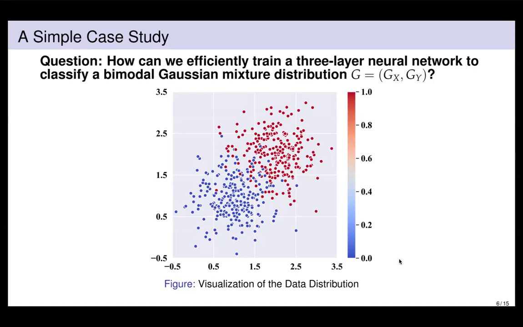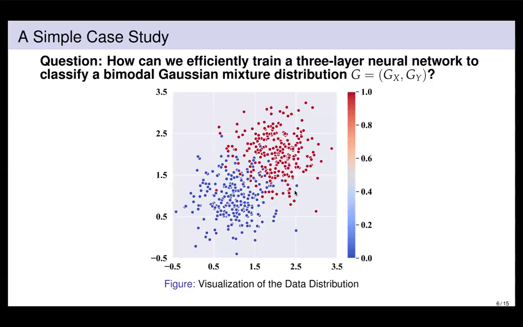In this paper, we use G to denote this distribution, and it consists of two parts: the samples part denoted as G_X, and the targets part denoted as G_Y. We also visualize this distribution.